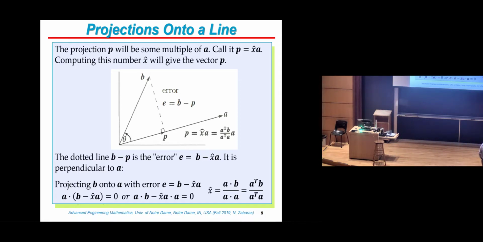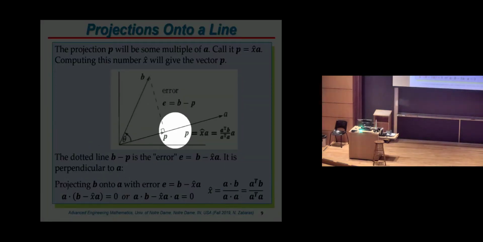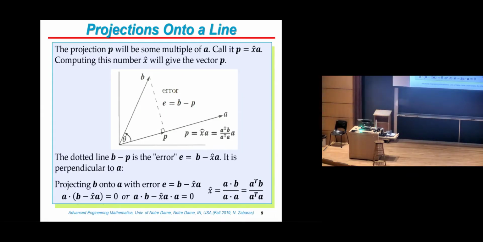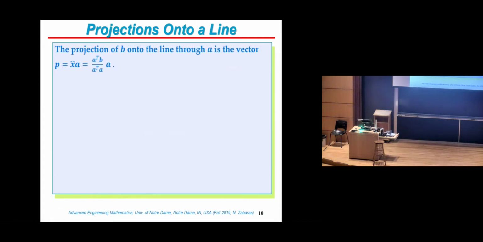So now we know everything. We know what the projection point P is. We know what the error is because we have calculated this x hat, so we can do anything we want to. All right, so the projection of B on the line is this, okay? And I'm going to do two special cases.